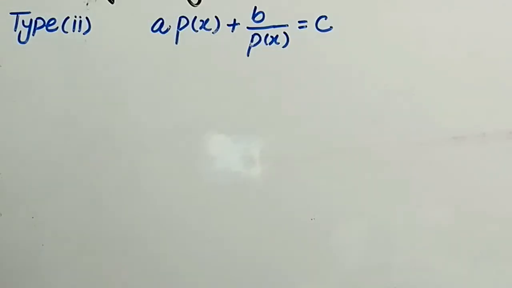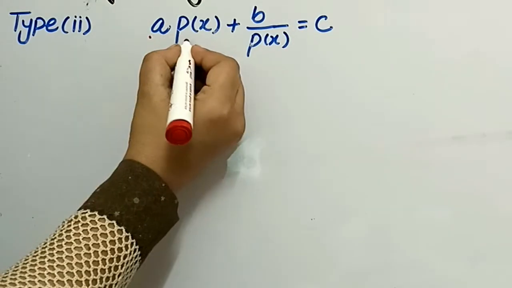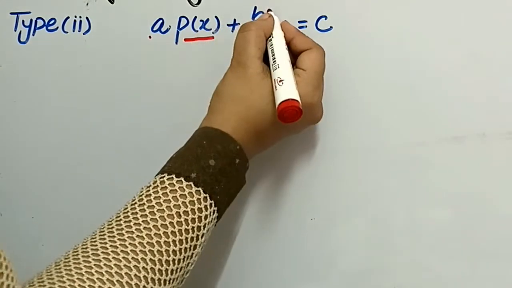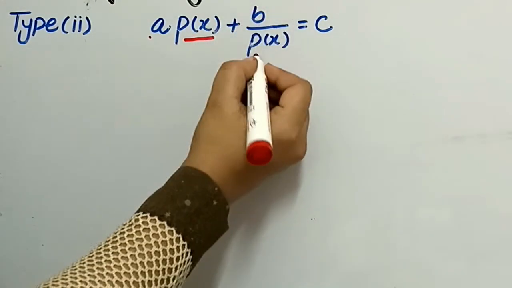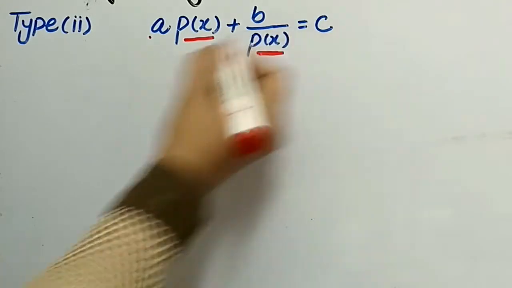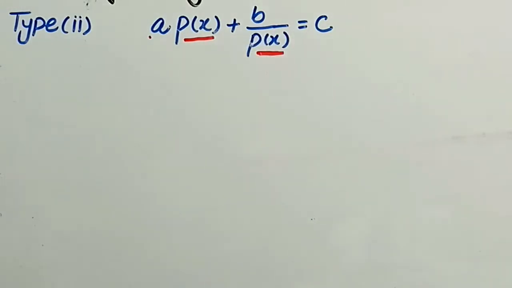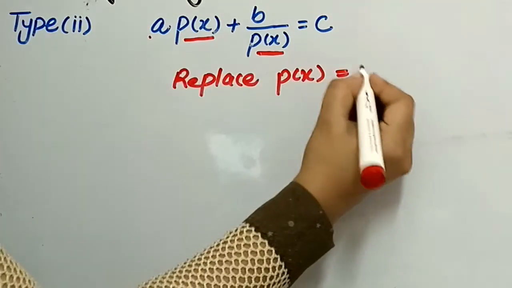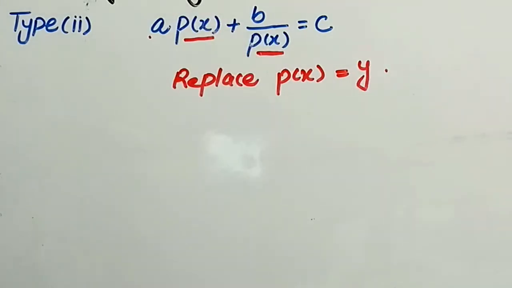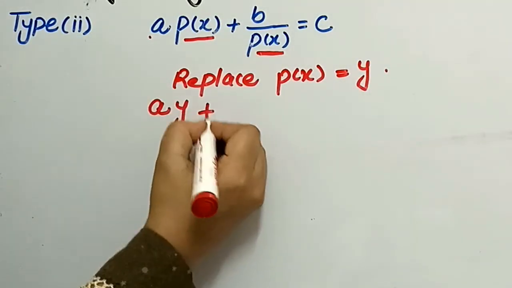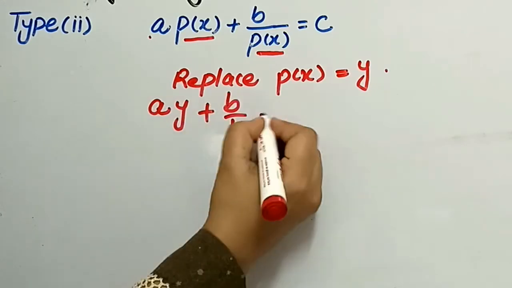Now let's discuss type 2, that is a constant with the polynomial. This is any polynomial plus any other constant, that is b, by p of x, the same polynomial, is equal to the constant term. So we are going to replace p of x is equal to y. So it will be ay plus b by y is equal to c.